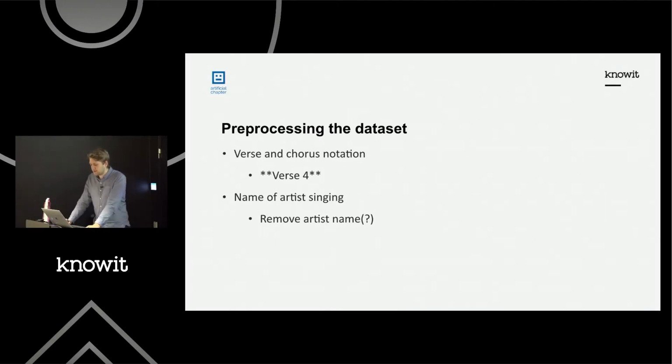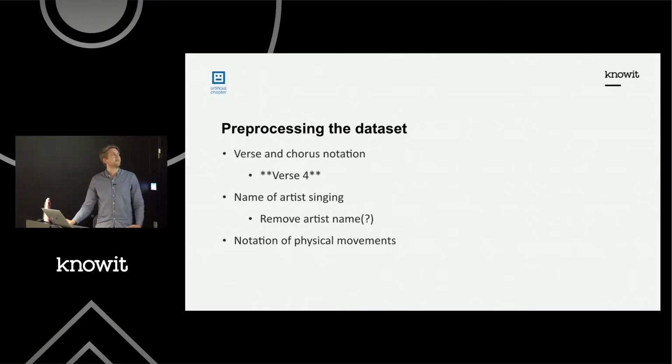So I have to remove the name of the artist. However, it didn't really work out because a lot of rappers and wannabe hotshots, no, just kidding, they often say their name at the start of their song, so I can't just remove the artist name.